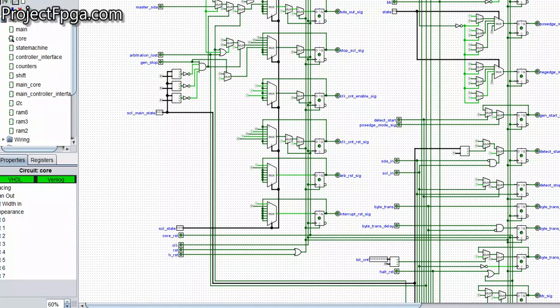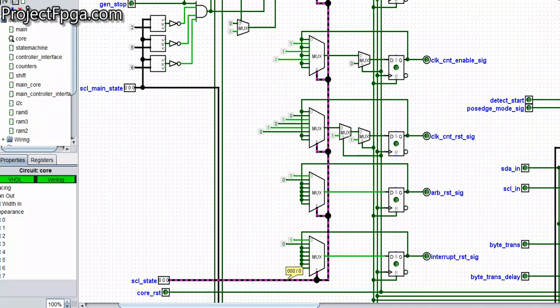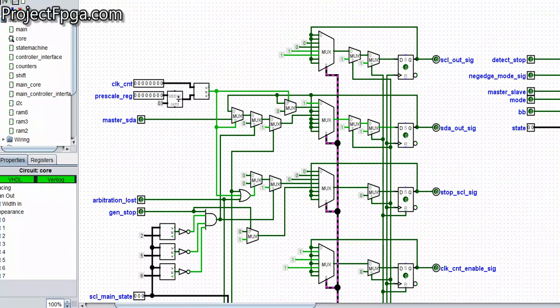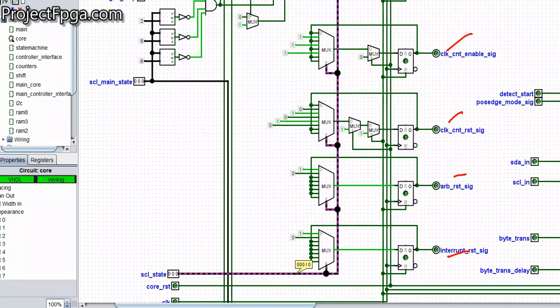So watch closely and you can see that this SCL state controls all the multiplexers that go into all these flip-flops. I'll highlight it again so you see. You can see that this SCL state controls all the multiplexers that work for all these different outputs here, this one, all these ones to the end.